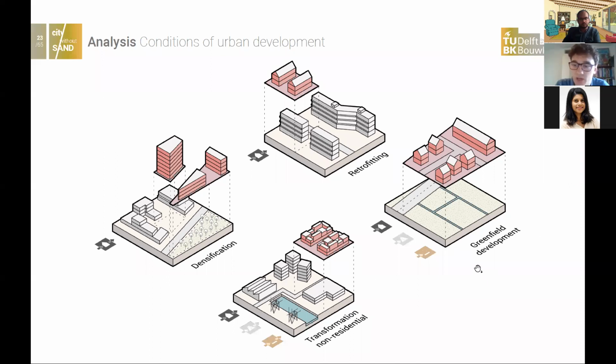But with greenfield development, there isn't any outflow, there is only inflow of new material. So it's important to understand how to actually put this material flow analysis scheme onto the urban context, because most of the time there's a gap between those things.